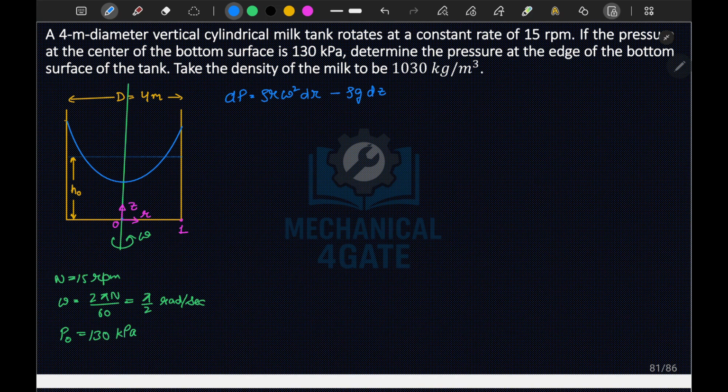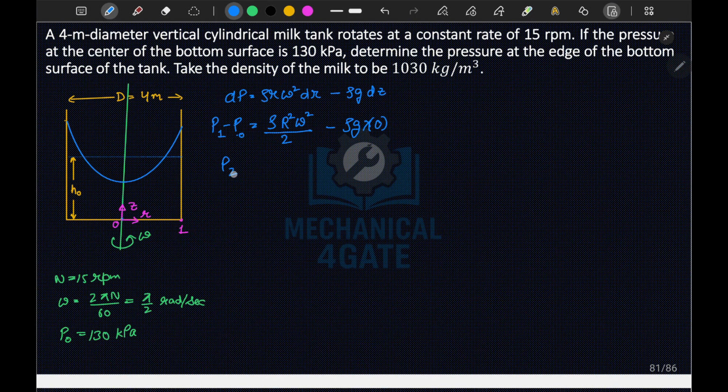Now if I integrate it from point 1 to 2, this will become p2 minus p1 is equal to rho r square omega square by 2 minus rho g times, now this becomes 0, since dz is 0. So from here we have to calculate, sorry, not p2, this is p1 and p node.